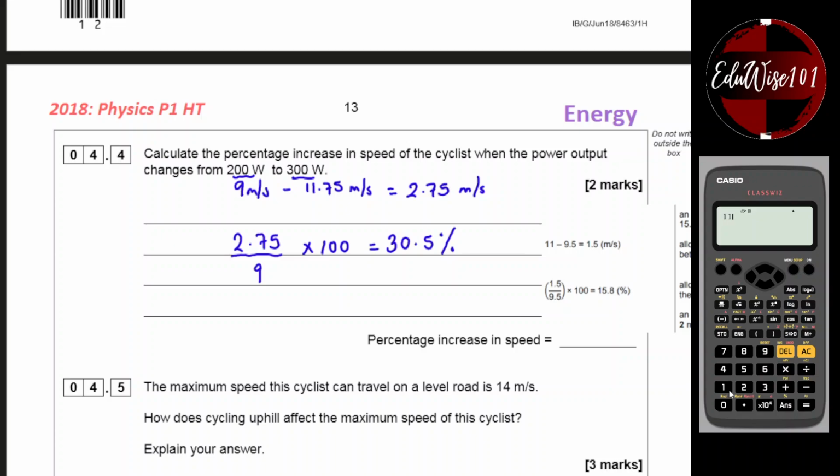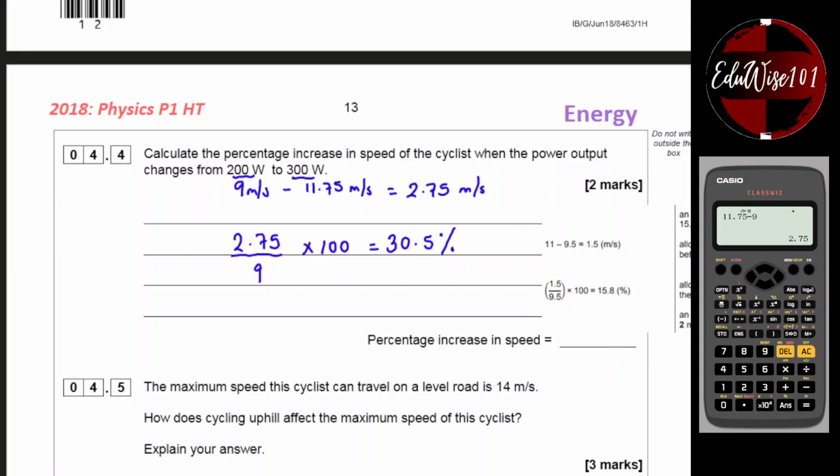So 11.75 minus 9 gives 2.75, which is correct. Then 2.75 divided by the value at 200 watts, which is 9 for us, multiplied by 100. So I'd still stick with this answer.